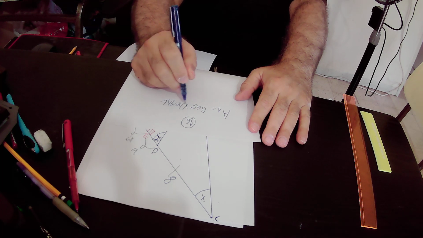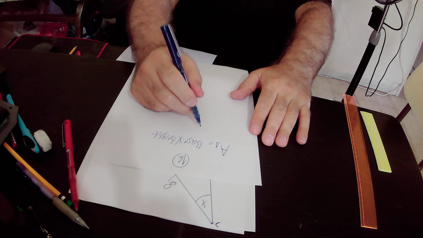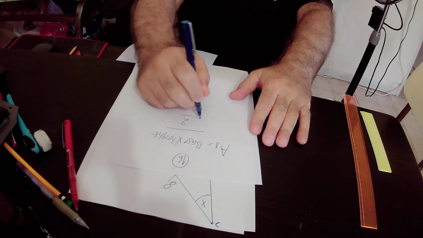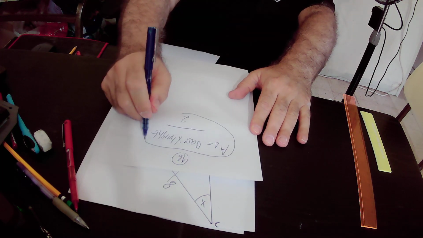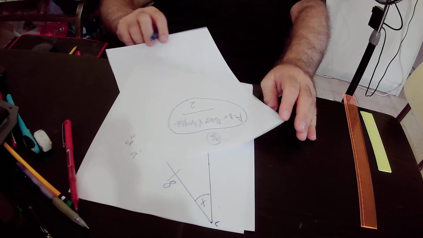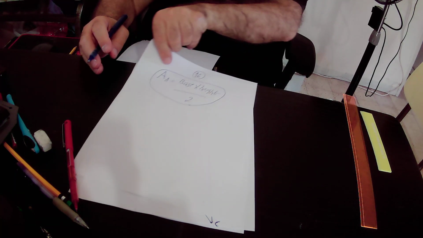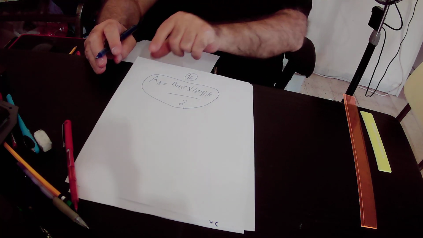You should remember that the height must create 90 degrees with the base. So the area of any triangle equals the base of the triangle times the height to the base over 2.